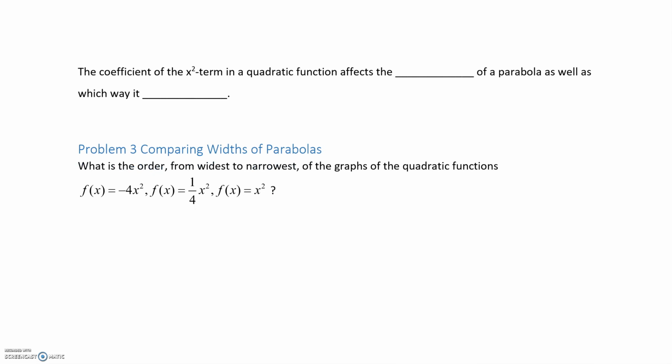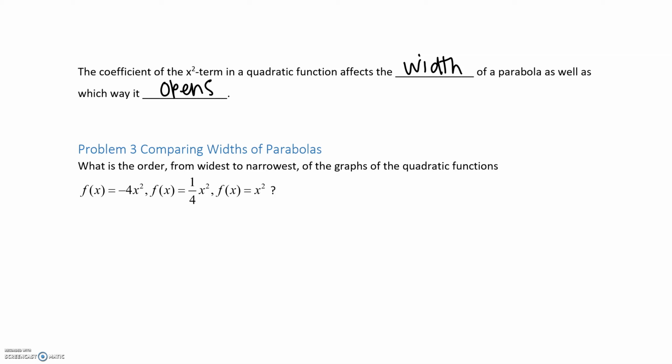Okay, so the coefficient of the x squared term in a quadratic function affects the width of the parabola and which way it opens. So the width is determined by whether you have a whole number or a fraction, and whether it's opened up or down depends on whether you have a negative or a positive in front of that x squared term.